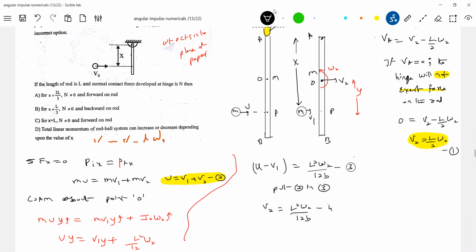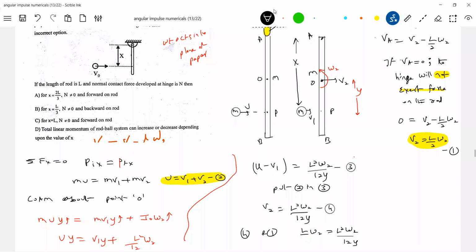So this is equation 4. Solving 4 and 2, 4 and 1: v2 you write as L by 2 omega 2 equal to L square omega 2 by 12y.